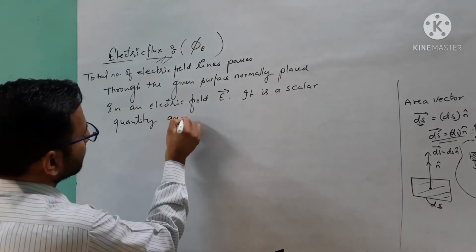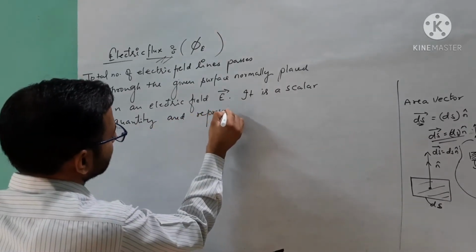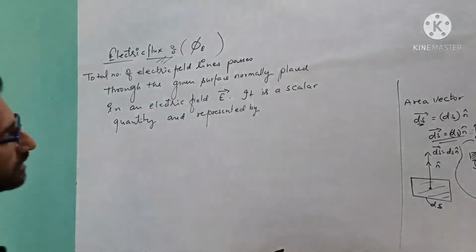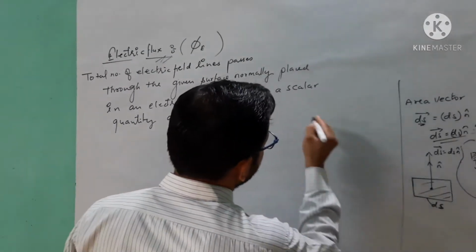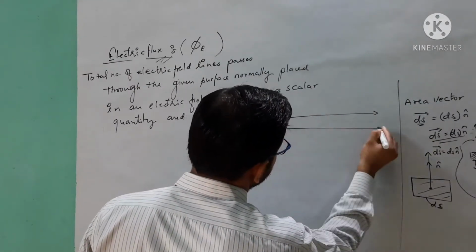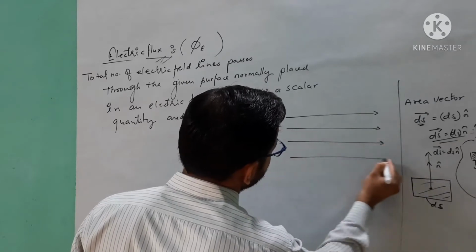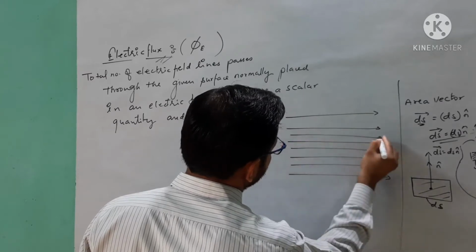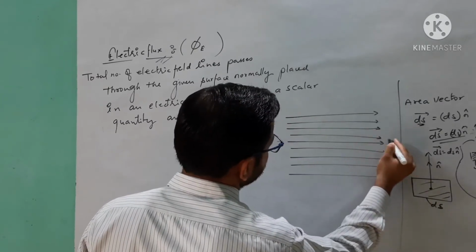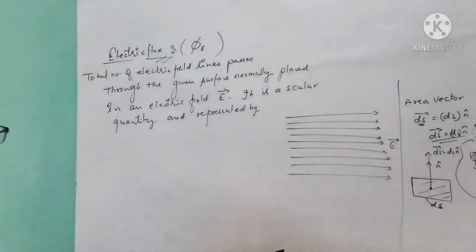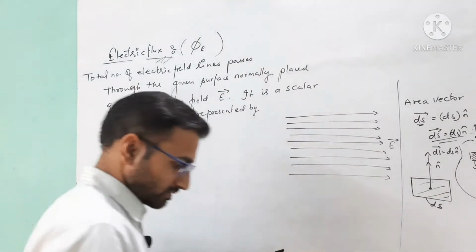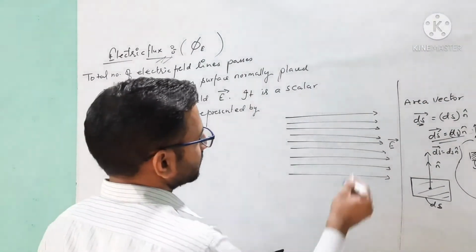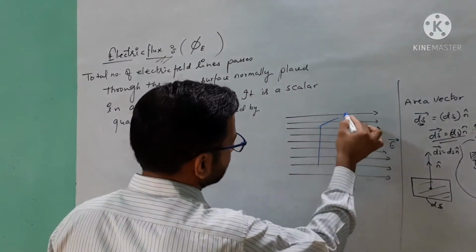And it is represented by... see, before representing it, I will draw the diagram of the electric field first. Students, listen and see, this is our electric field direction, and in this field I have placed a surface over which the electric field lines will pass.